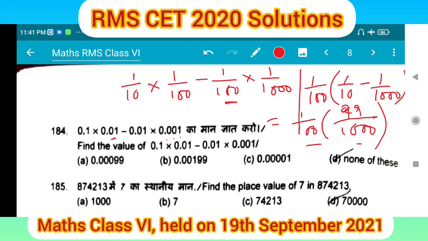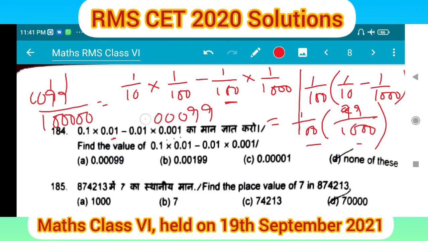So 99 by 1 lakh. 3, 4, 5 means 1 step, 2 step, 3 step, 4 step, 5 step. So it is 0.00099. This is the answer.